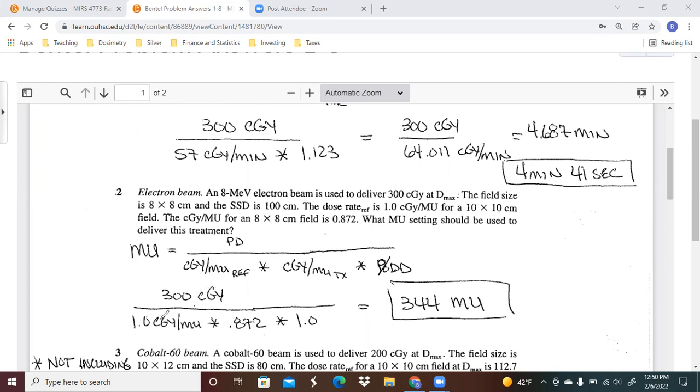So we have 300, and then we multiply this down at the bottom, which ends up being just 0.872.